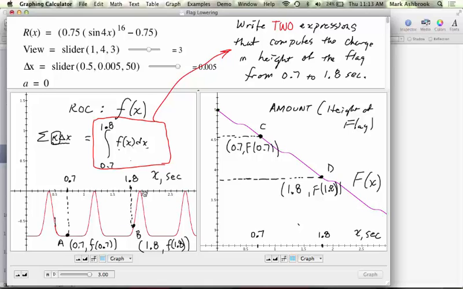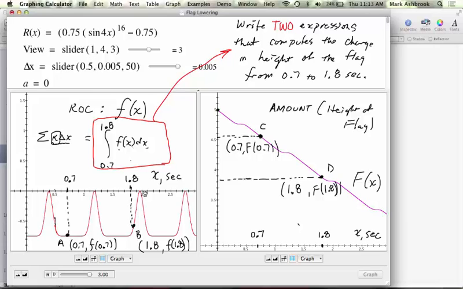The height of the flag at the final value minus the height of the flag at the initial value. Yeah. So this is how high the flag was at the end, and this is how high the flag was at the beginning. So how would you get the change? You subtract. If it's 3.8 at the end and it started at 4.6, you take 3.8 minus 4.6, and that would be that amount of change.